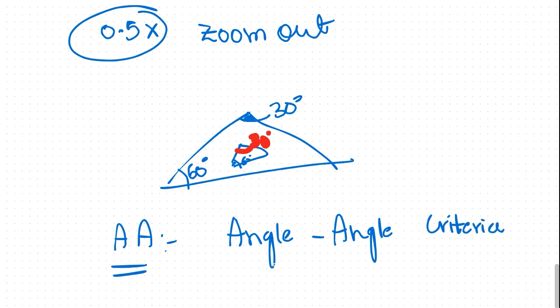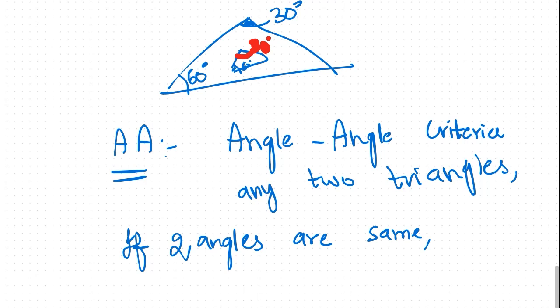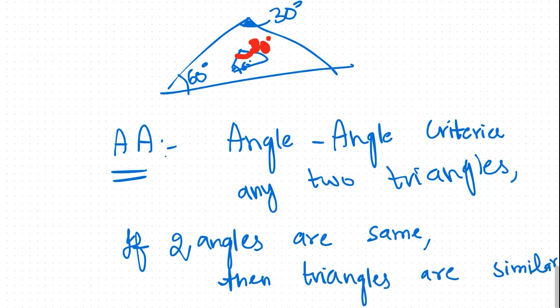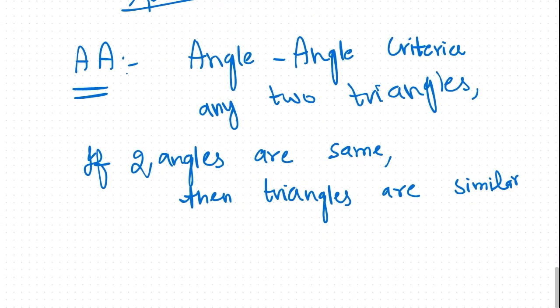If you compare the angles of any two triangles and notice that two angles are the same, then we can clearly say the triangles are similar. To identify whether two random triangles are similar or not, we have to look at angles.